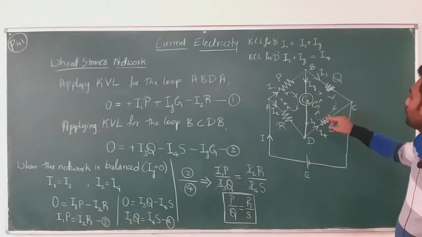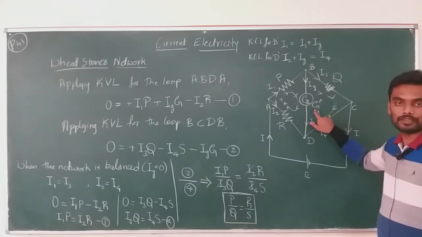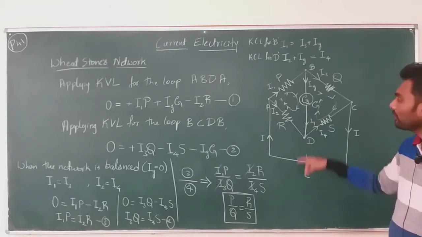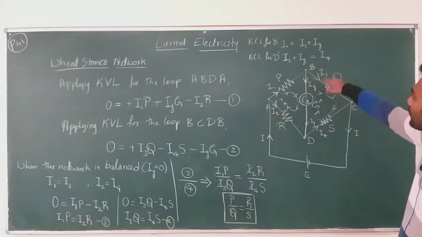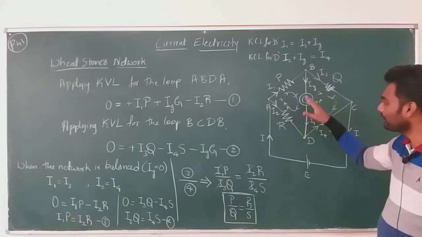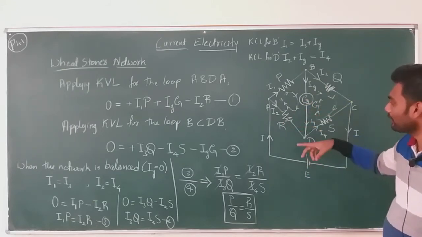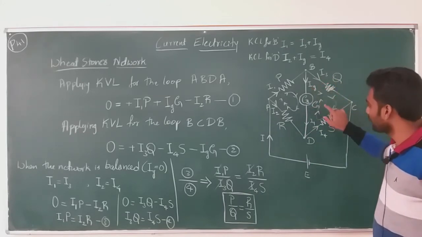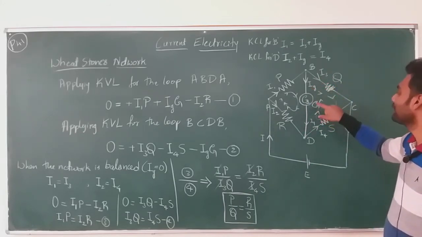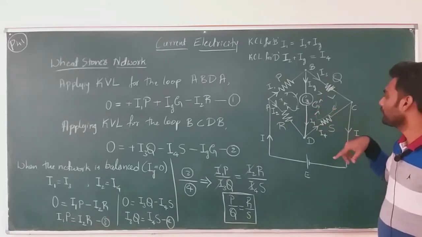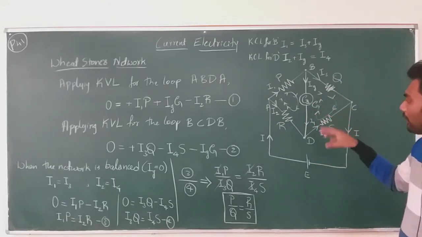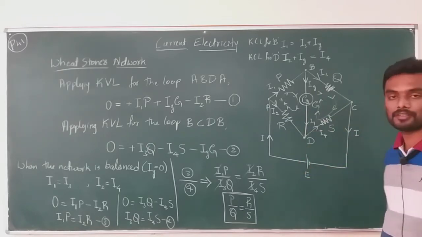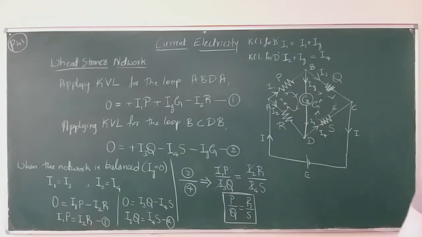You choose whatever the value of G is, that will not affect the balanced condition, because once Ig becomes equal to 0, once the condition is balanced, G doesn't exist anywhere. So it doesn't matter the amount of resistance that the galvanometer has, that resistance will not affect the actual balanced condition, P by Q is equal to R by S. Clear on this? Good.